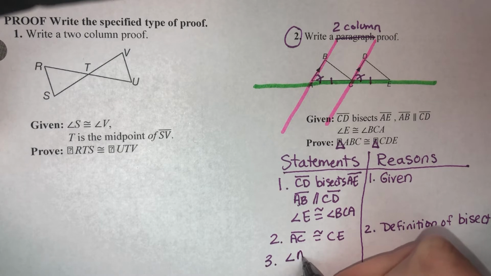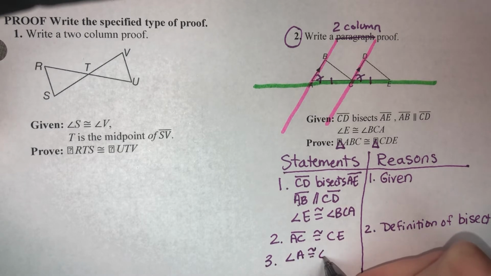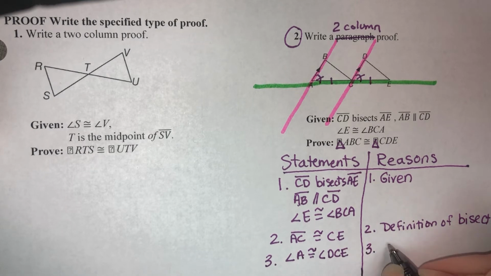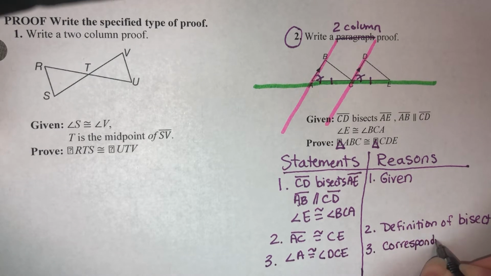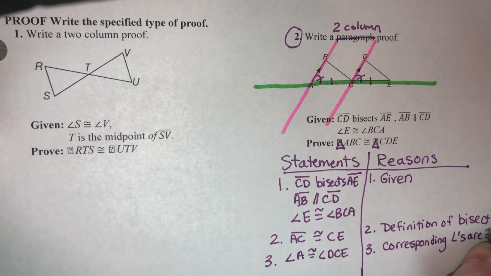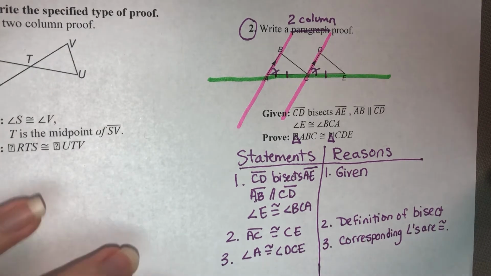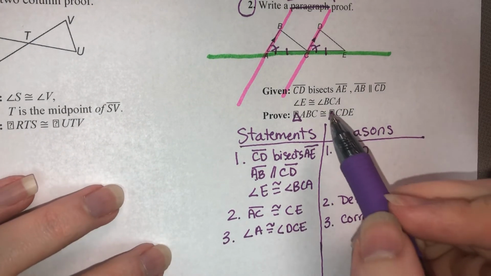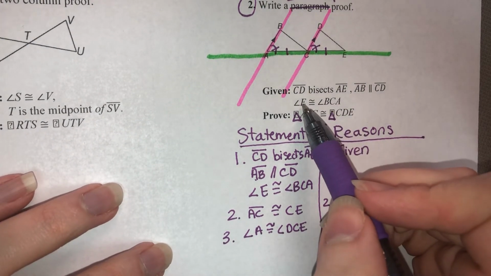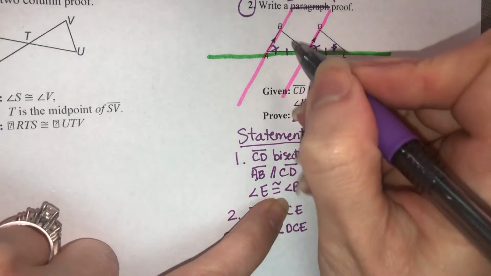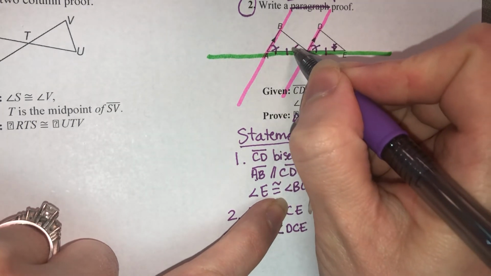So we'll say angle A is congruent to angle DCE, and that's because corresponding angles are congruent. Okay? Now, we also had given at the beginning angle E is congruent to angle BCA. BCA is this one down here.